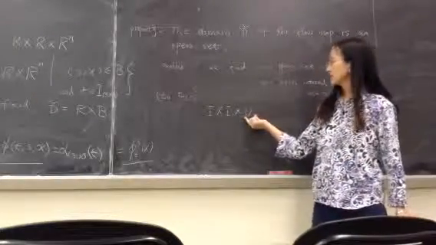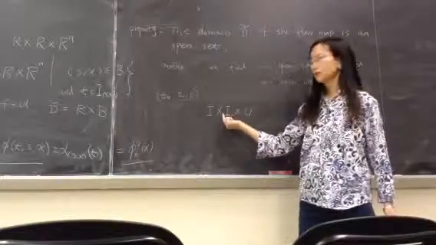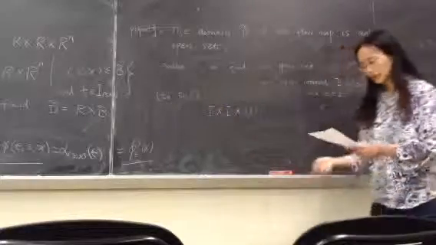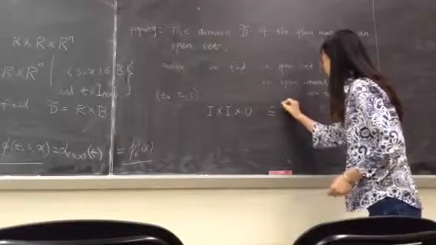This is a subset of Rn, which is open, and this is an interval including t0. We just consider this, which is a subset of d tilde.